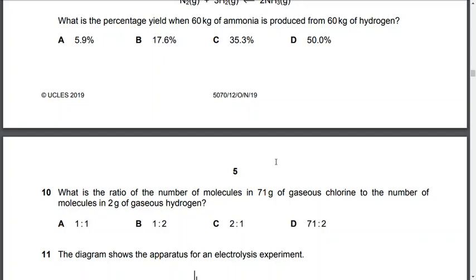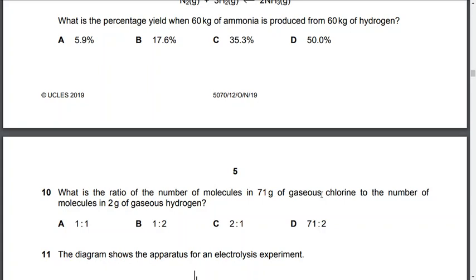Okay, so I'm going to tell the answer. 71 gram of chlorine, here once again the keyword is gaseous chlorine. Chlorine, as I told you above, is a gaseous molecule, and it has 35.5 atomic mass.